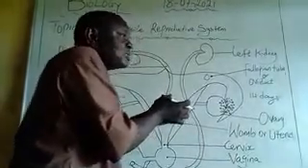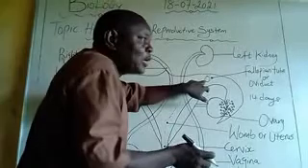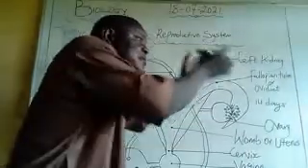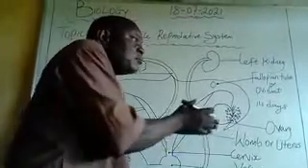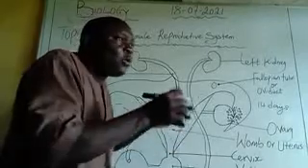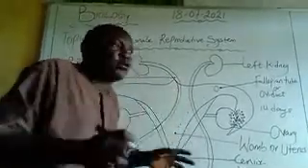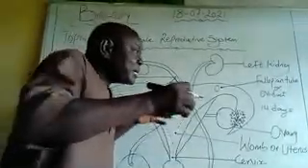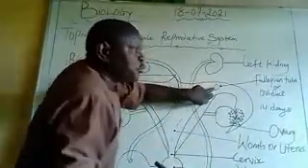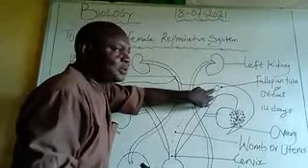Seminal fluid is a fluid that conveys the sperm. Sperms are very tiny. You cannot see them with your naked eyes. You can only see the sperm with the aid of an electron microscope.